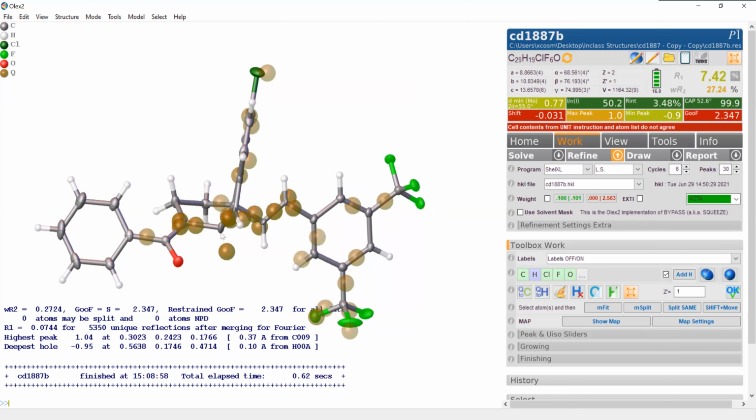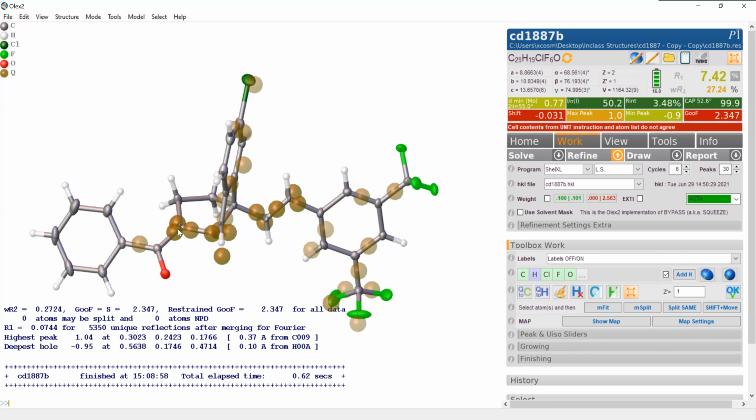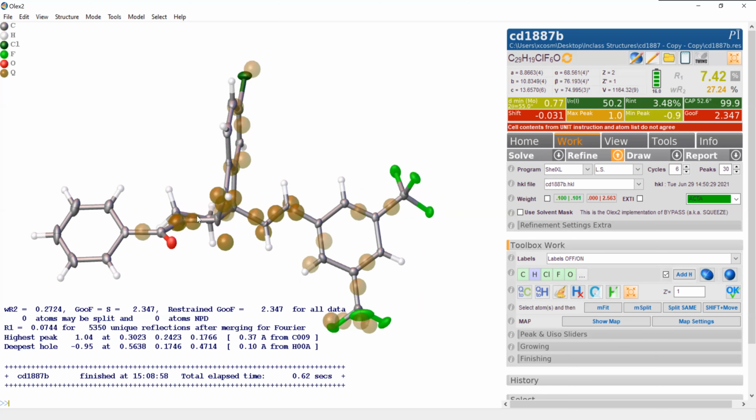So there is a Q peak off of this carbon, but there is not a Q peak off of this carbon. So this would indicate to us that this cannot be a carbon atom, because there's no double bonds on any of these bonds shown here. This carbon cannot have a double bond here, and this carbon cannot have a double bond there either.